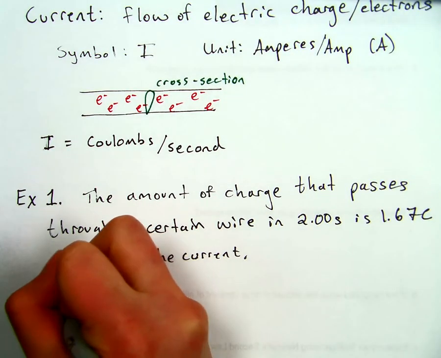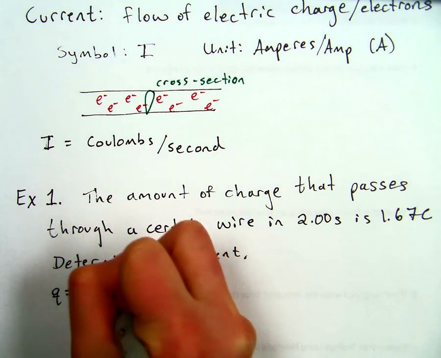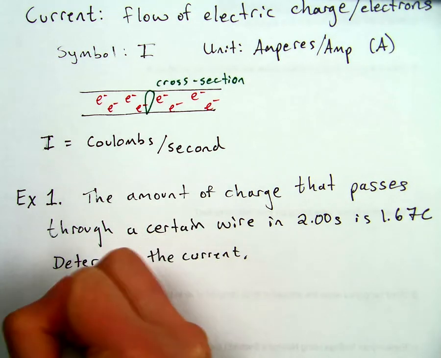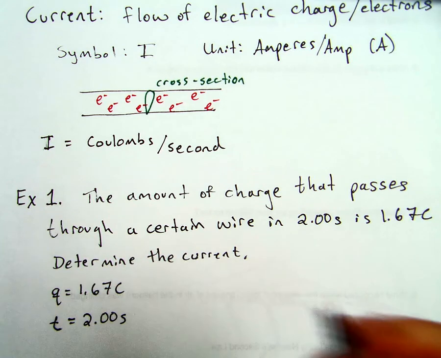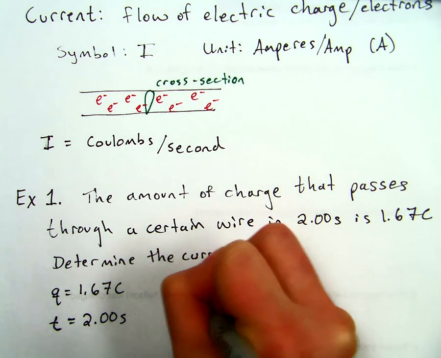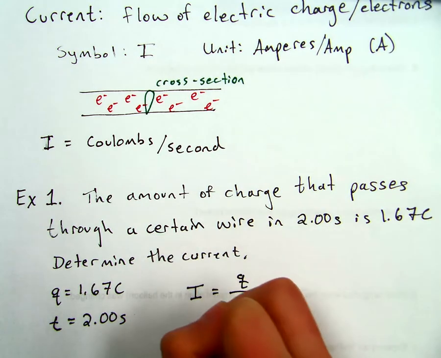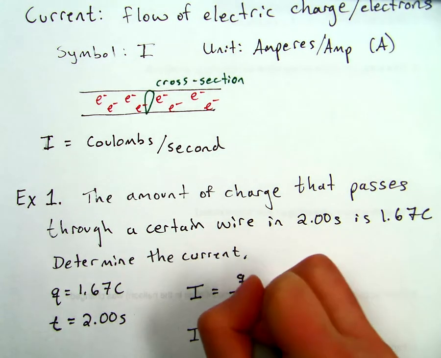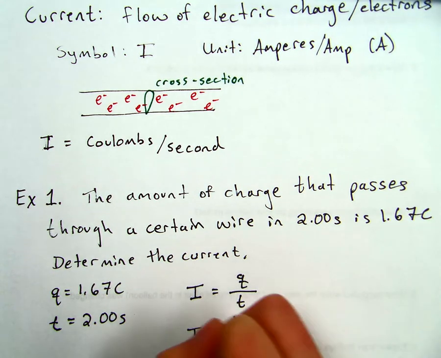So I'm going to draw Q is our charge. It's pretty much just standard. It's 1.67 coulombs. T for time, once again a standard. That's 2.00 seconds. And if we're looking for current, I, we just want to divide charge over time. And plug in your numbers, 1.67 over 2.